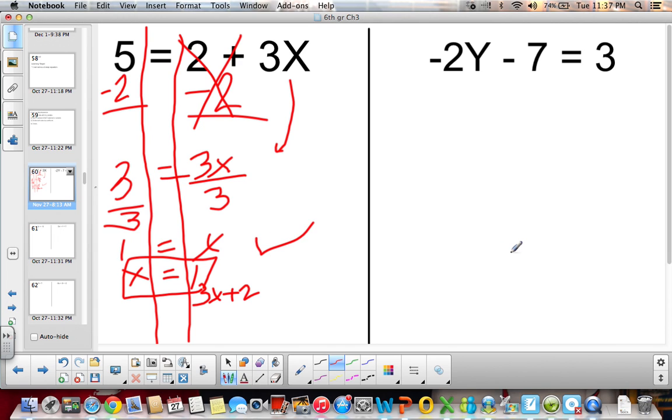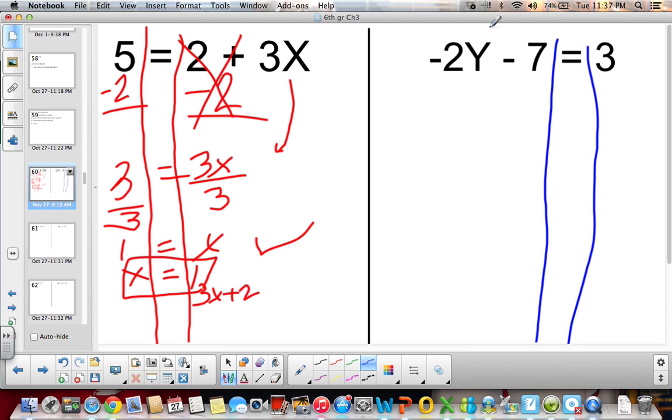Okay, negative 2y minus 7 equals 3. So first off, we do our tracks. Secondly, we see that this is our side with the variable, so these are the numbers that we're going to be working with. This minus 7: first we add or subtract, remember, so it's that number that isn't attached to the variable.